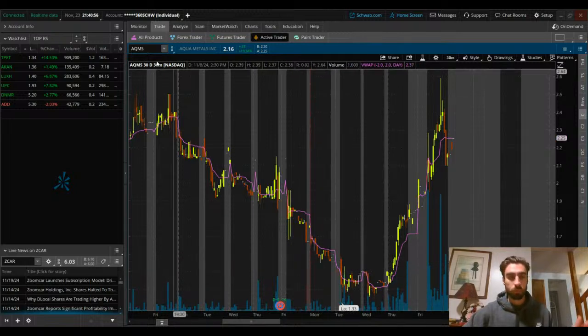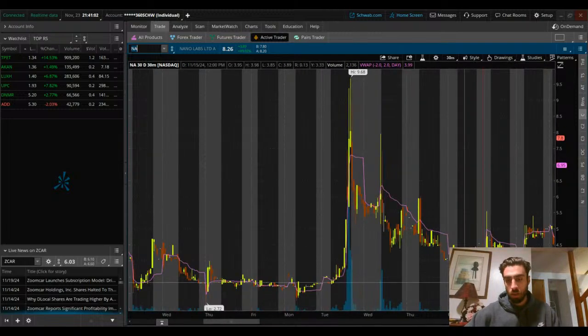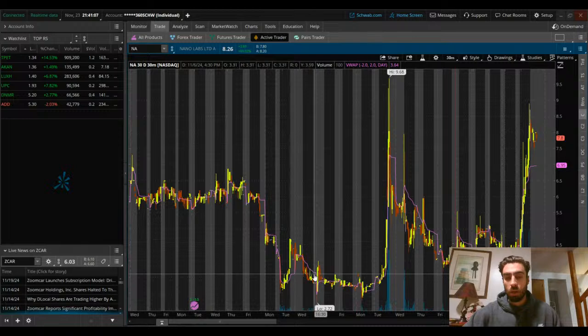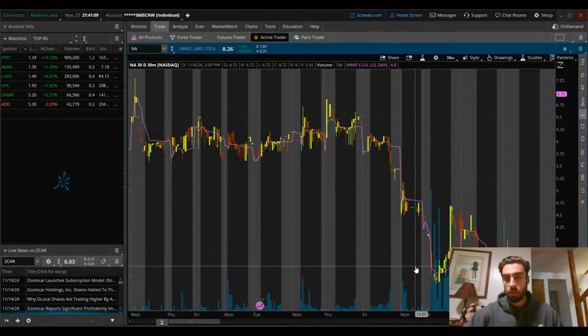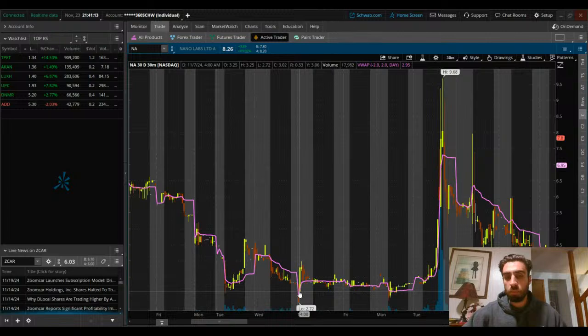And then the last one is NA, which is my last observation, where in this case it makes a low at 2.72, but then it consolidates around this 3 number here. And you could have used this low the whole time.